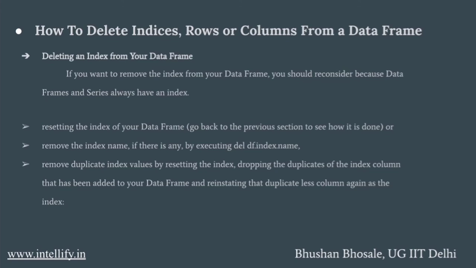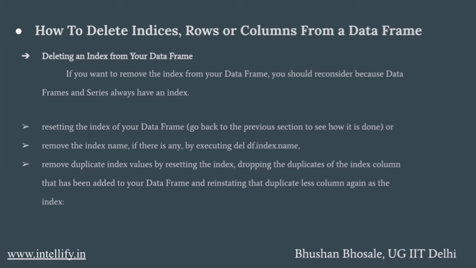Now, let us take a look at deleting an index from your data frame. If you want to remove the index from your data frame, you should reconsider, because a data frame and series always have an index. However, what you can do is reset the index of your data frame. Go back to the previous section to see how it was done, or remove the index name if there is any by executing del df.index.name.